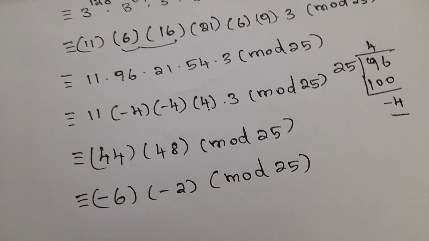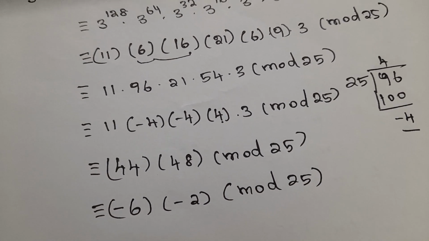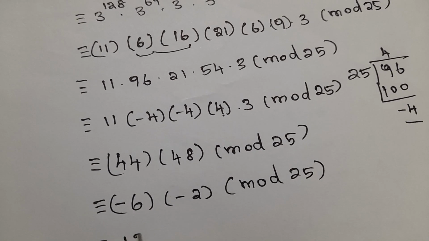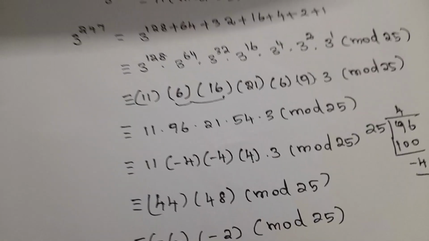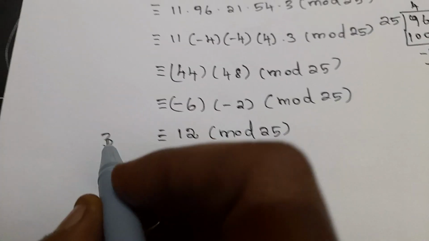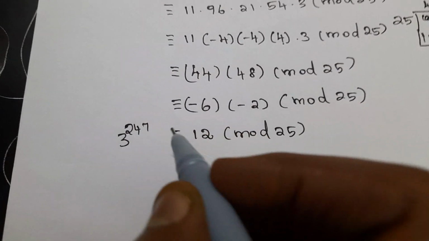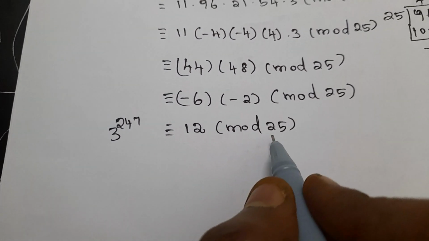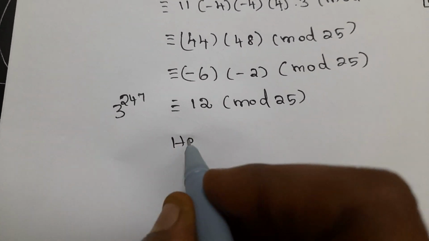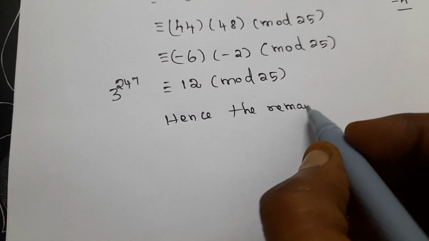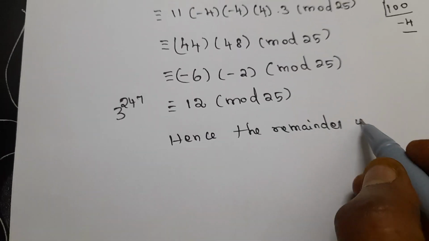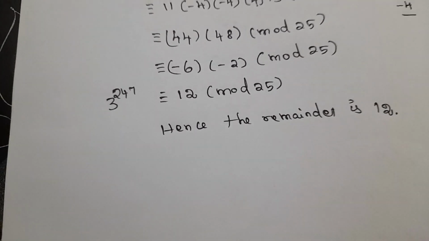Minus 6 into minus 2 is 12 mod 25. So 3 power 247 is congruent to 12 mod 25. Hence the remainder is 12. Thank you.